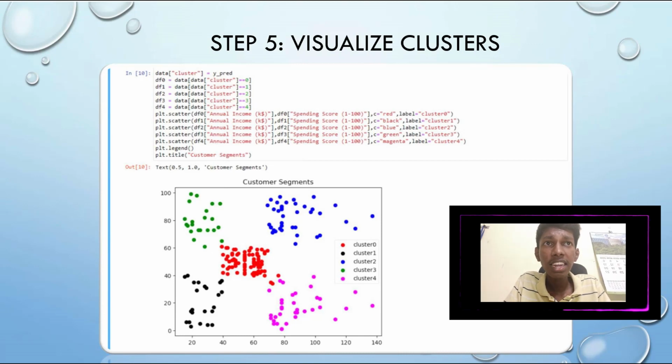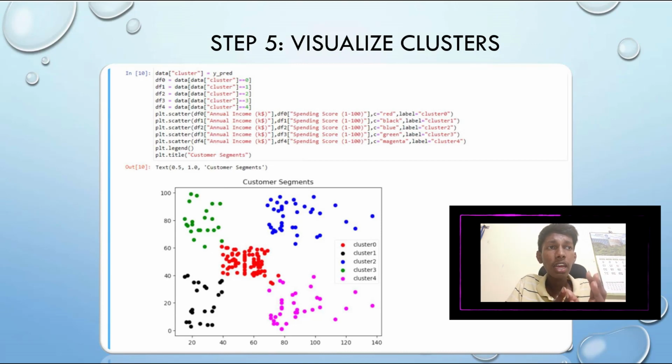Next, these df0, df1, df2, df3 and df4 lines create separate data frames for each cluster by filtering the original data frame based on the cluster labels. Next, we create a scatter plot to visualize the clusters.